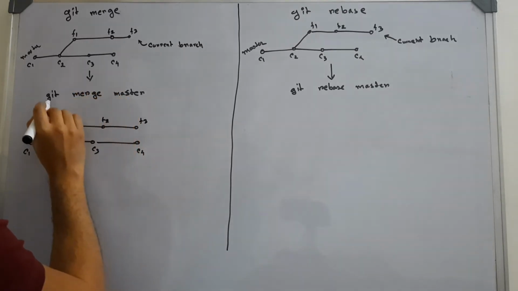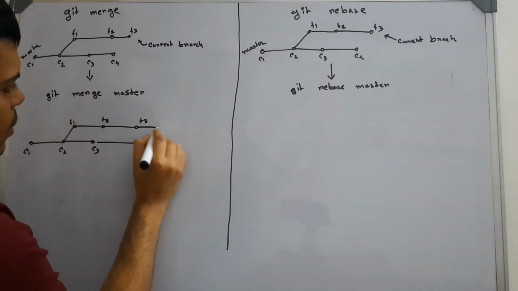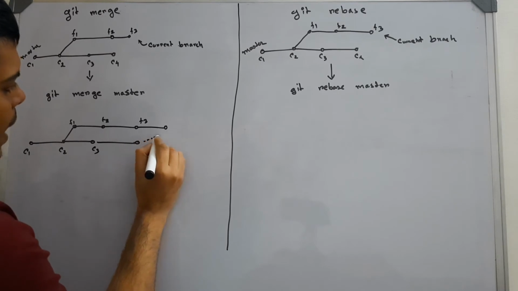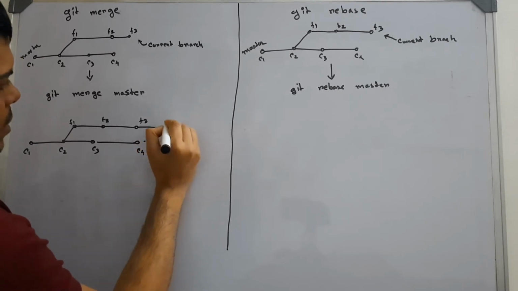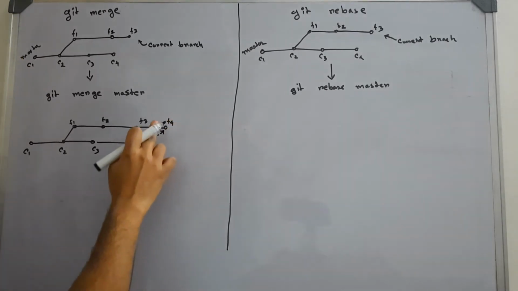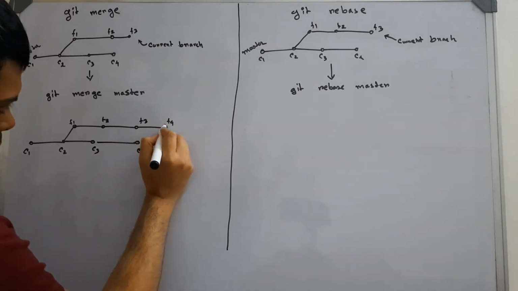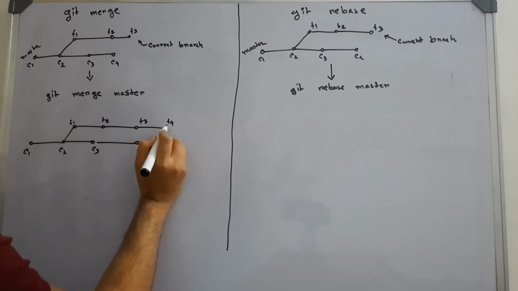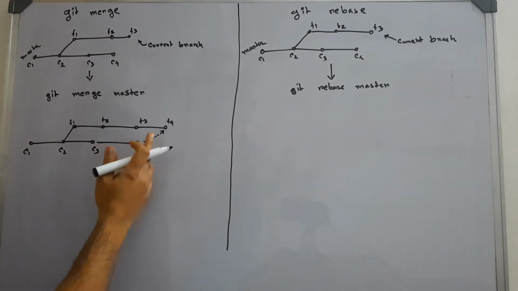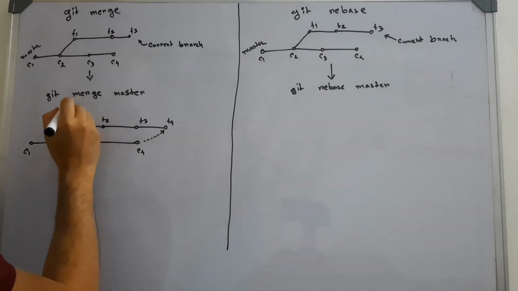If I execute git merge master, it will create a new commit in the feature branch, and it will merge all the changes from master into the feature branch with this commit. This is the way merge works.